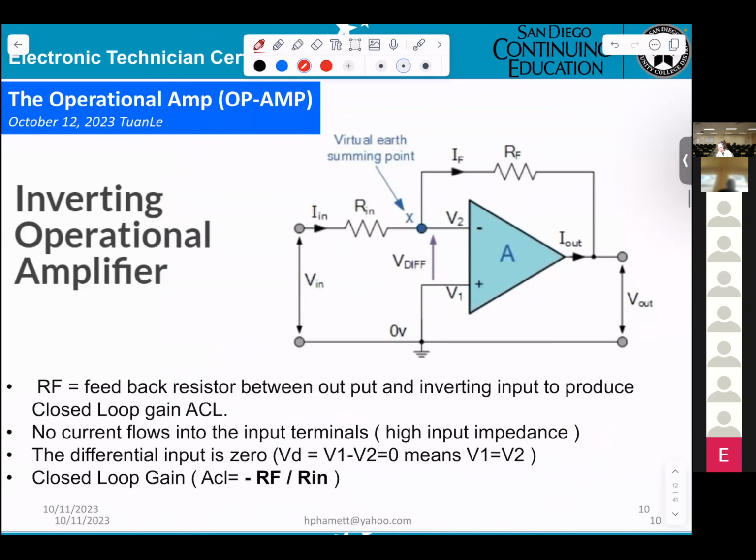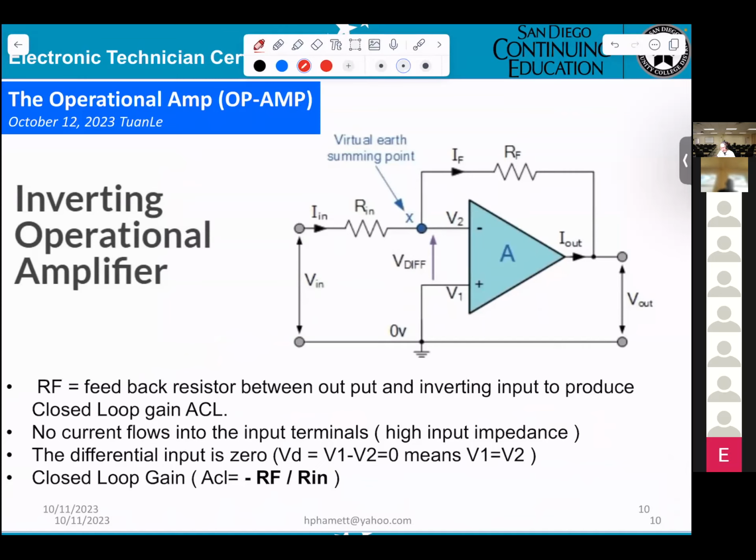Okay, first one, the inverting operational amplifier. When you're looking at the circuitry of an amp, you have to know whether this is an inverting amplifier, non-inverting amplifier, differential amplifier, or summing amplifier. By looking at the circuitry, we're able to recognize it.